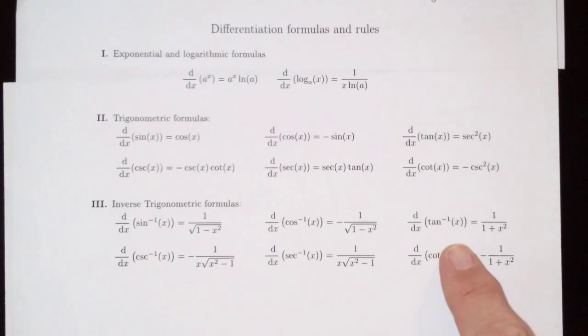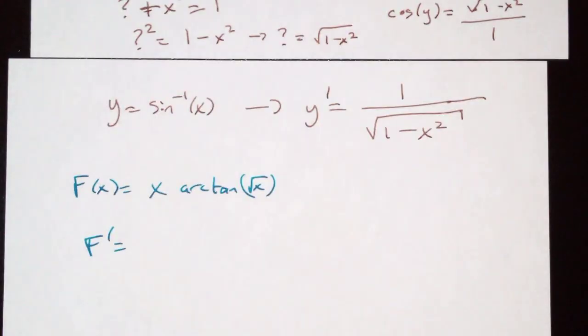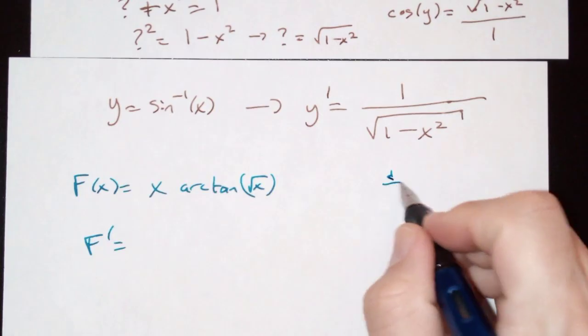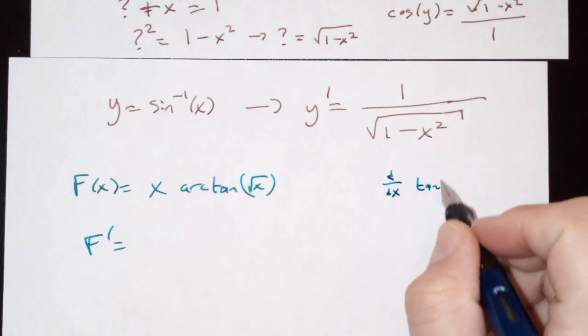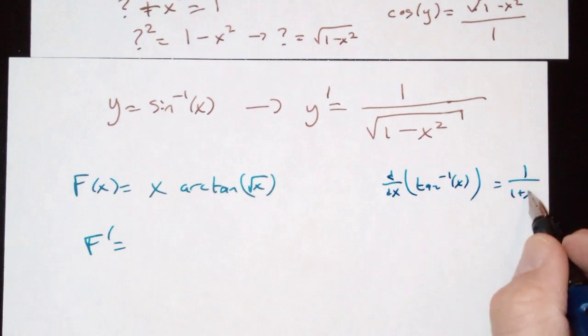Inverse tangent, right there. The derivative is 1 over 1 plus x squared. So I'll make a note off to the side that says the derivative of the inverse tangent is 1 over 1 plus x squared.